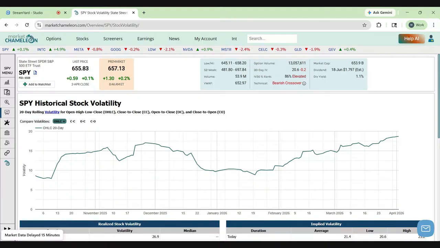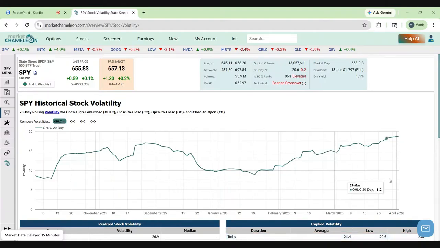The idea is to capture the essence of the volatility using the lowest and highest prices it traded on the day, the opening price and the closing price, and the gap between the closing and the opening. So it really tries to use all those prices to measure the volatility of SPY.